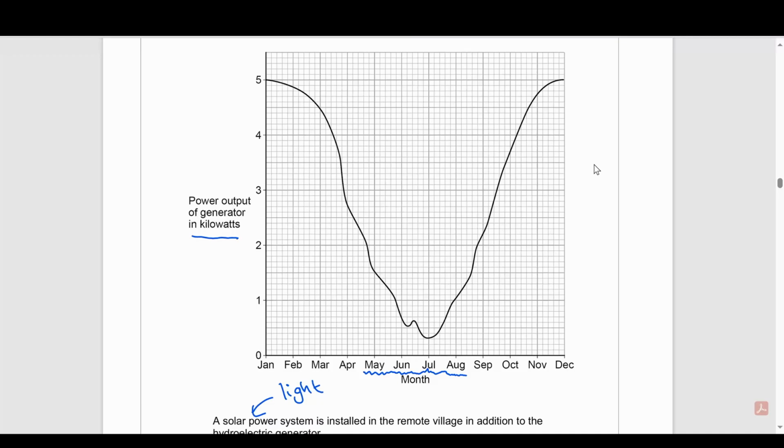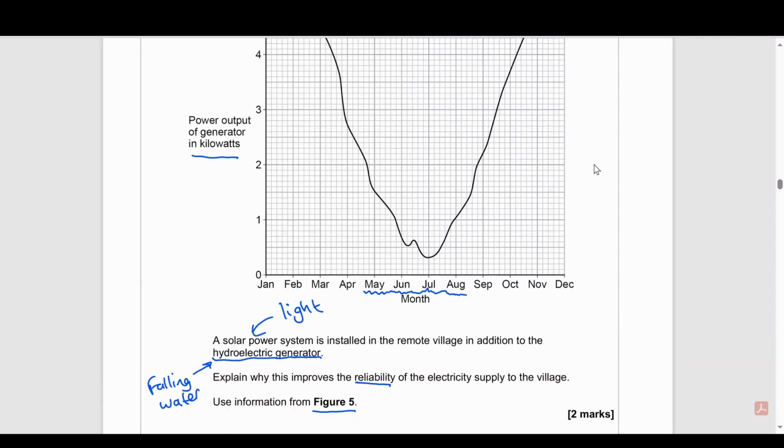But what does that mean for the rest of the year now, when it's not as intense in terms of the light? That would mean then that the power output would be lower. So that means the electricity would not be supplied to the village as much. Let's do the opposite. If there was no solar power system, but there was a hydroelectric generator only, well, as I said, it works on the principle of falling water.